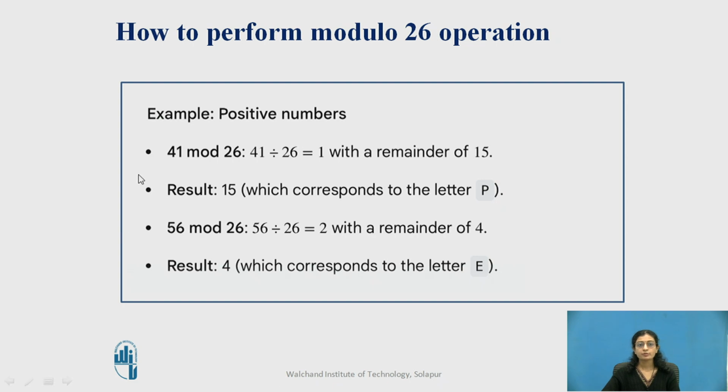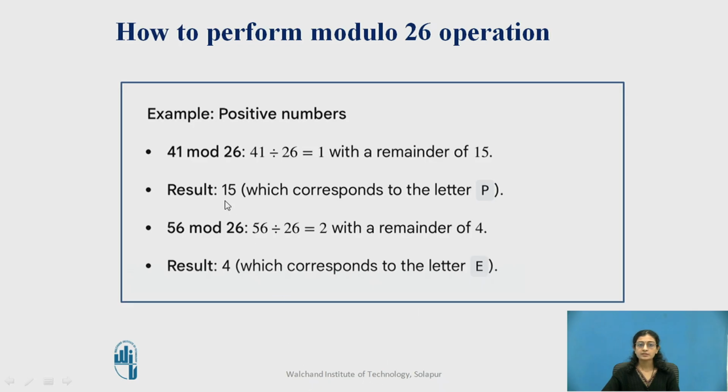If we have to do 41 mod 26, we divide 41 by 26. The quotient is 1 with a remainder of 15.